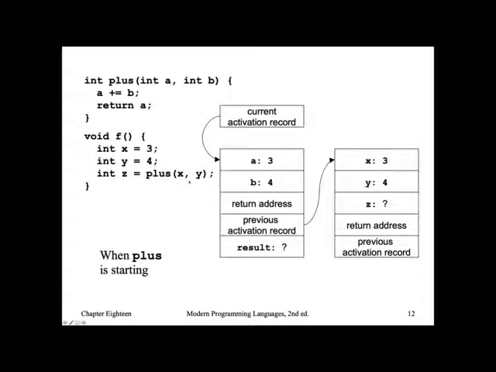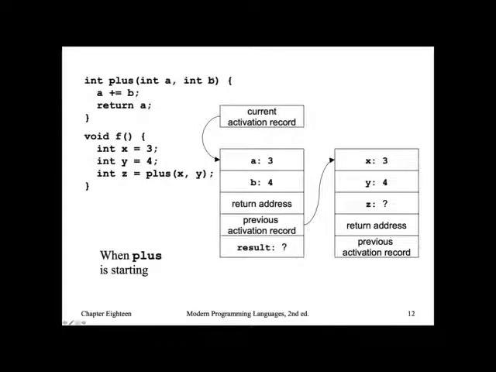As soon as we call plus, we get this activation record, okay? Let's look in plus. Plus in its parameter list has a, which is an integer, and b, which is an integer. So it allocates those. And then, because we've called plus passing x and y, the value 3 from x gets bound to a, and 4, which is y, gets passed as the second value.